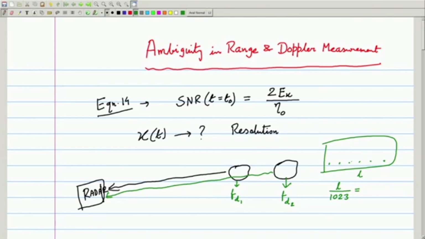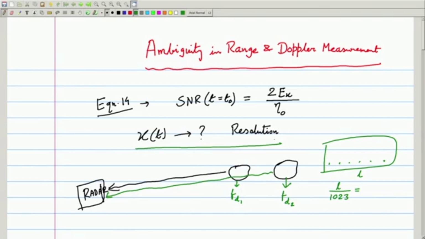Radar designers also choose this x(t) from this standpoint, and we will see that the matched filter again helps us answer what the resolution is, and whether there are two targets or one target. The matched filter is a beautiful thing, it maximizes SNR as per equation 14.